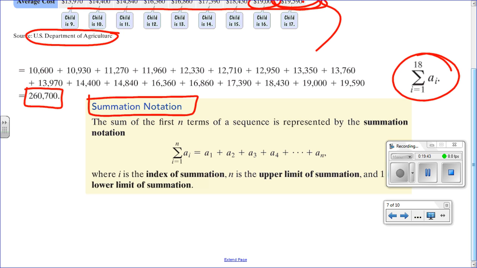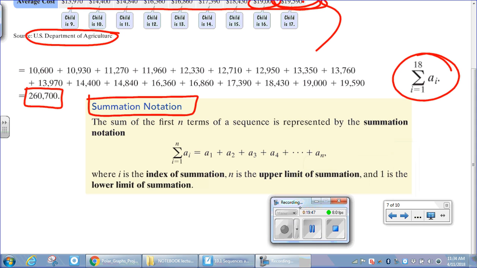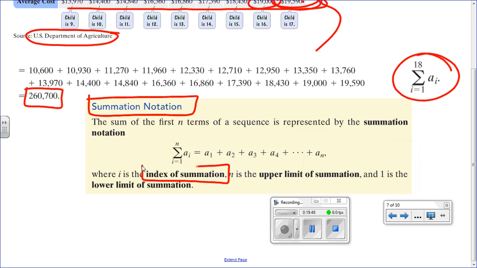Let me tell you guys what they're called. So the index of summation is this little letter down here, and it's also called the lower limit. So like your starting point. In this case, you start with 1.